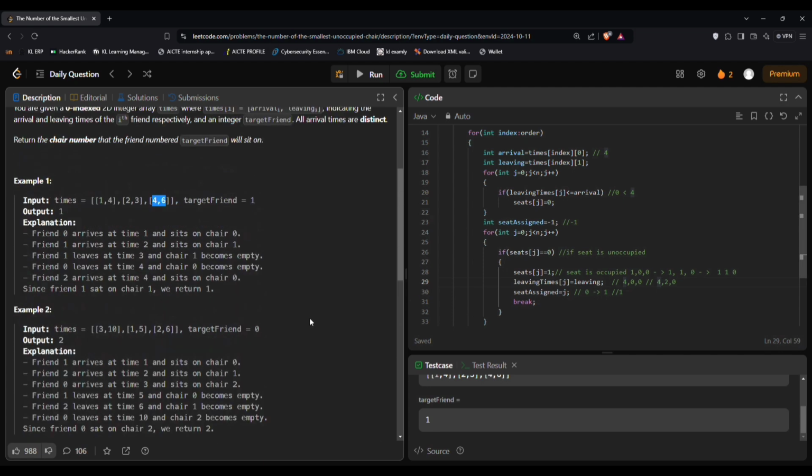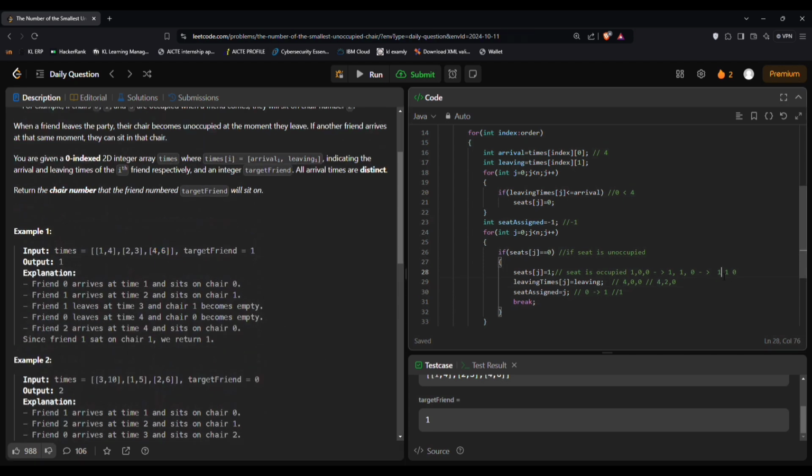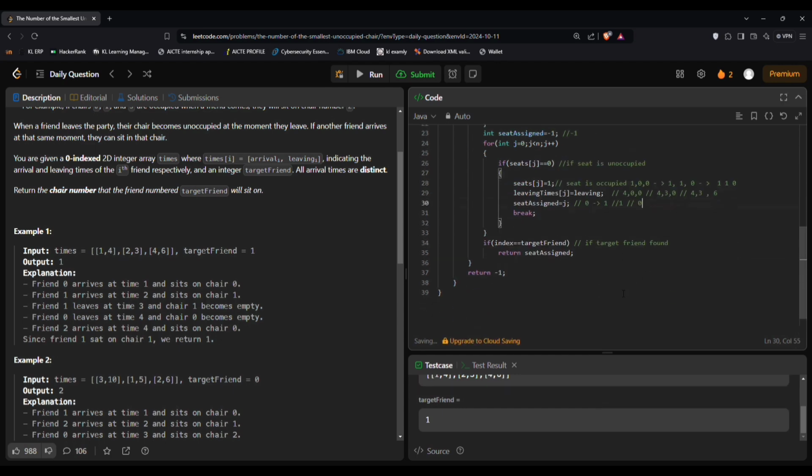So the third person will directly go into the first person's seat, so the seats remain 1 1 0 itself. The leaving time will be updated to 4, 2, 4, 3, 6. This is the leaving time. The seat assigned for the third person is 0 itself, and the loop breaks.